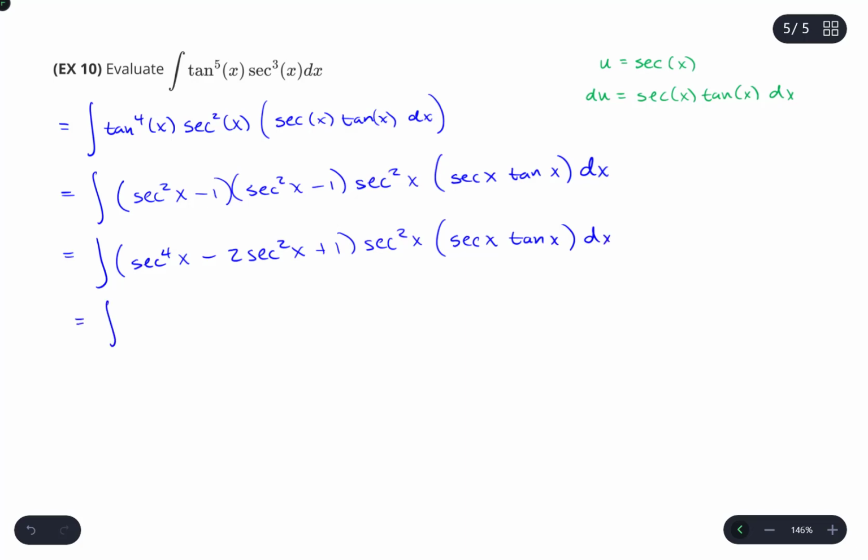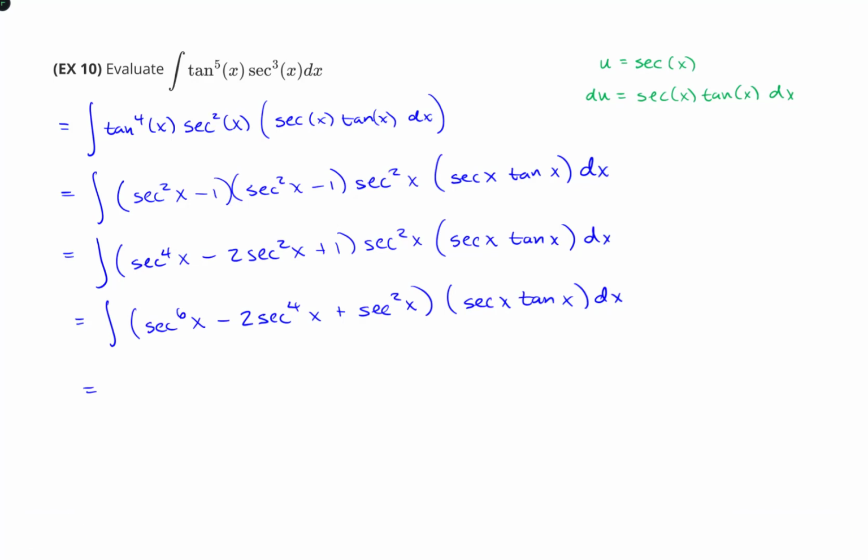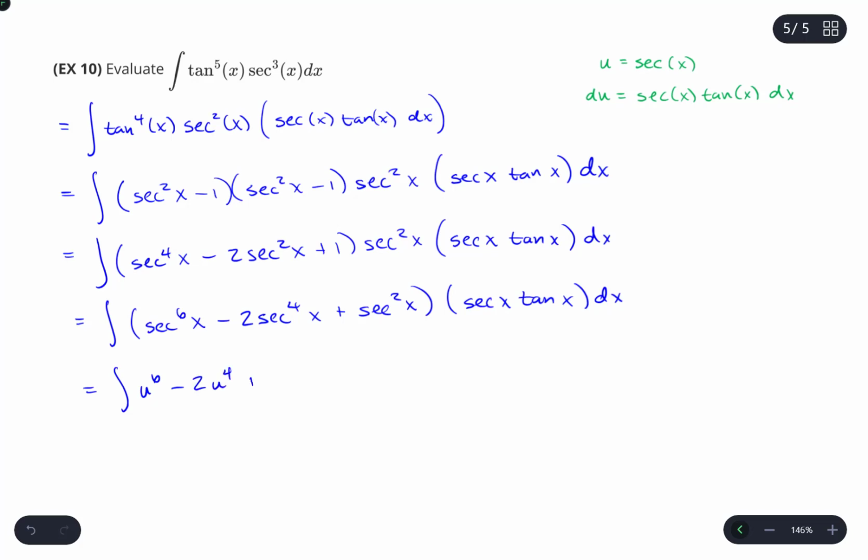If I distribute this secant x, I've got secant to the 6th x minus 2 secant to the 4th x plus secant squared x times this factor. And thankfully, I'm able to substitute here because that's going to make the writing a lot less, because I'm using u to be secant of x. So this will be u to the 6th minus 2u to the 4th plus u squared, and then this is all taken care of by du.